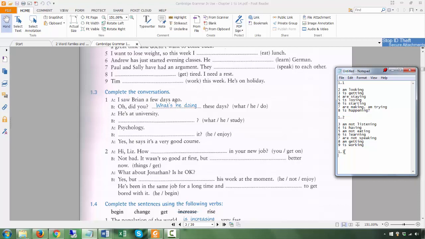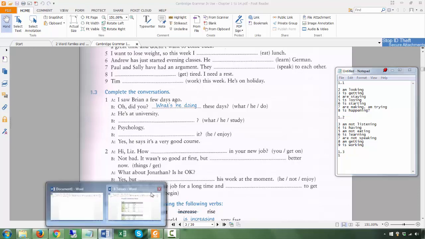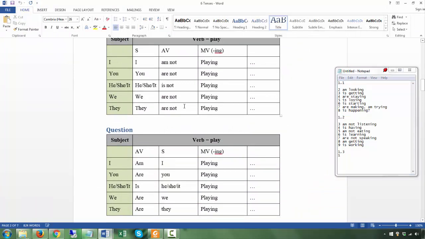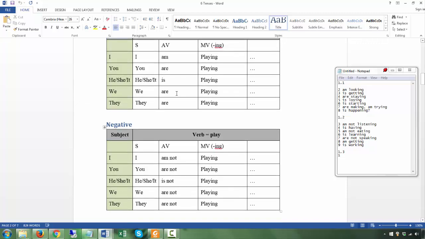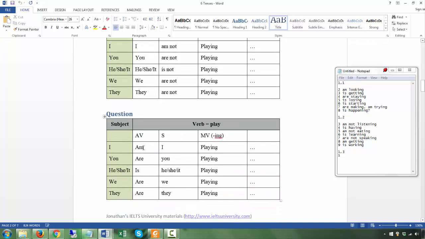So let's start with number 1. "He's at university." I believe I did mention that when you use the question form, you start with the auxiliary verb. Remember it's a helping verb. All these are auxiliary verbs; they don't really give any meaning, but you just have to use them.